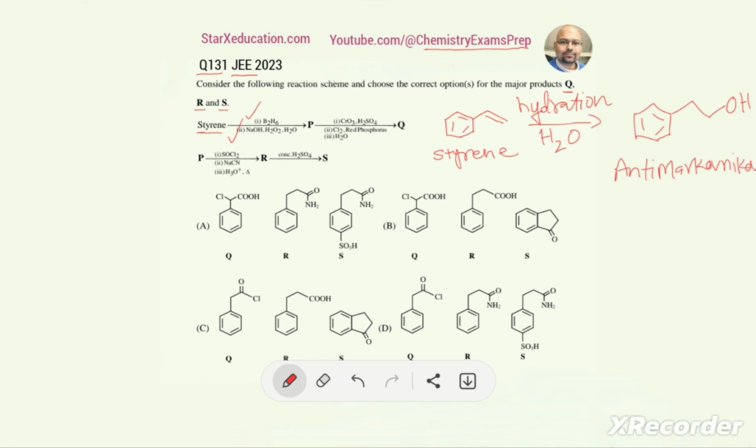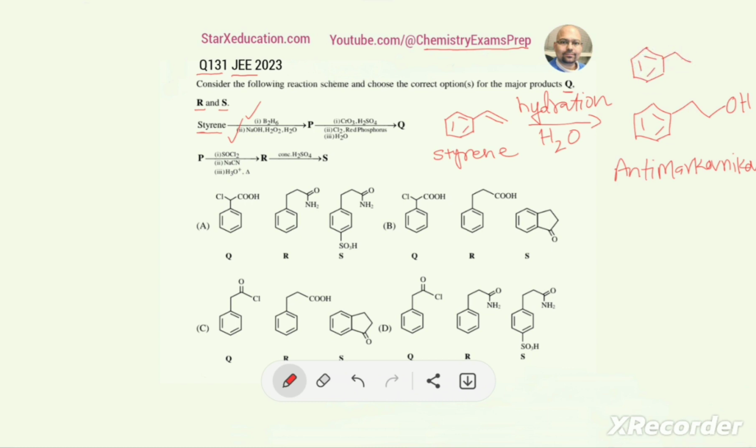So the anti-Markovnikov's product is because the OH would be on a sterically less hindered carbon. If it were to be a usual hydration, then the product would be Markovnikov's product.